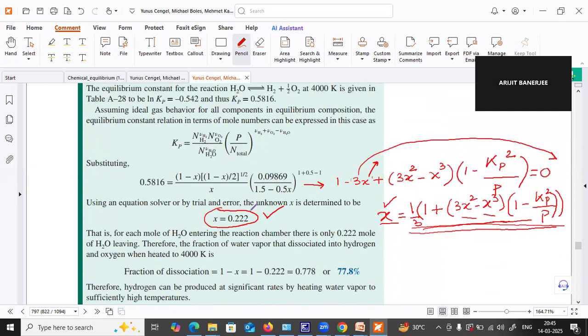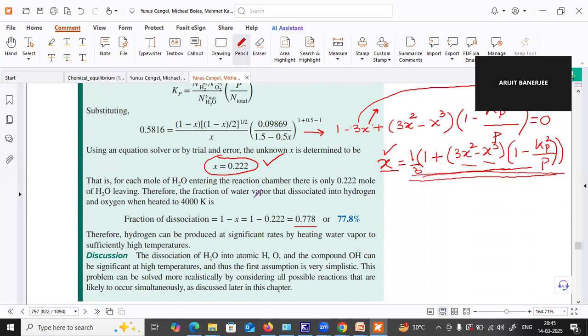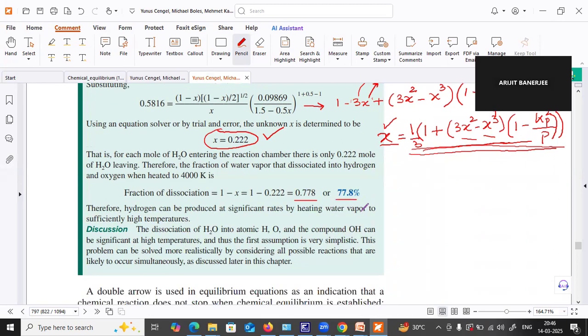So therefore, we see that it is basically 0.778. That means at 4000 Kelvin, if water vapor is heated, then 77% of H2O vapor will be converted to hydrogen and oxygen, dissociated to hydrogen and oxygen. And the remaining 22.2% will be remaining as H2O, undissociated.